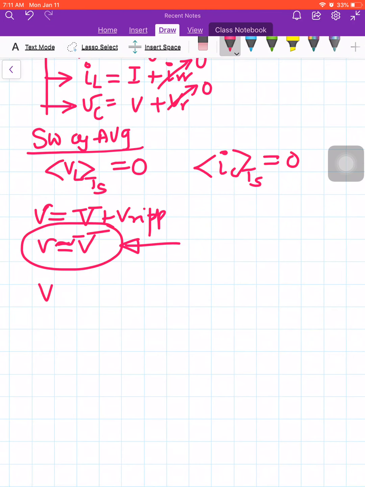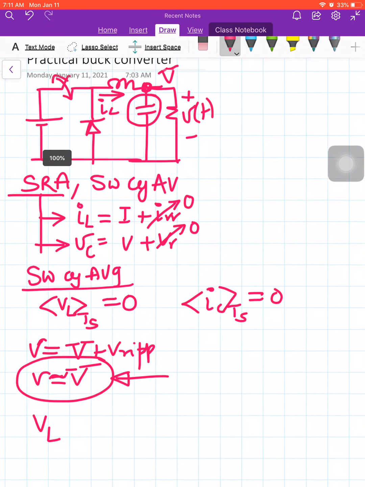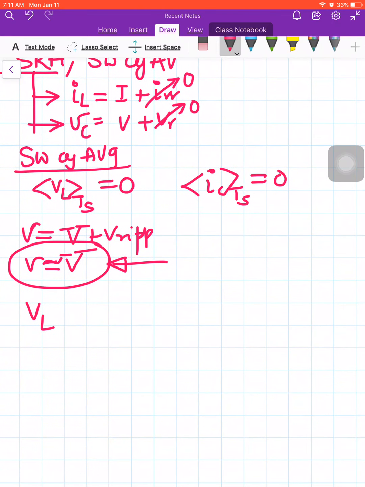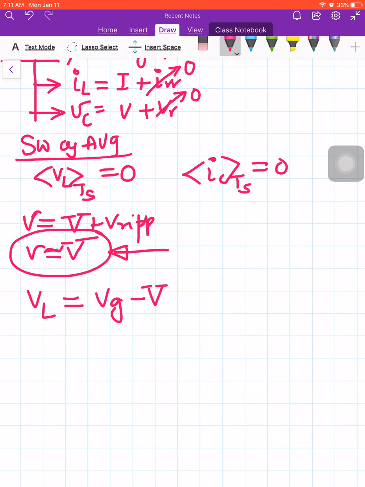The inductor voltage vL, when the switch is turned on, is equal to Vg minus the output voltage, with small ripple approximation, right? And when it is turned off, it is just equal to minus V. And we have already said that the average inductor voltage over a switching period is equal to 0.